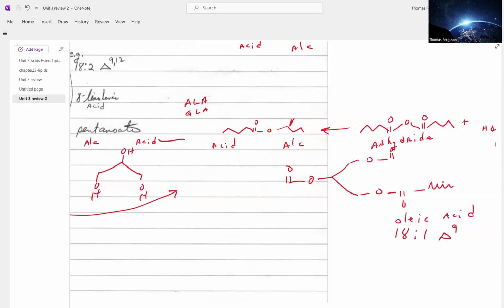So we have, there's a double bond at carbon number 9. Same with all these others.